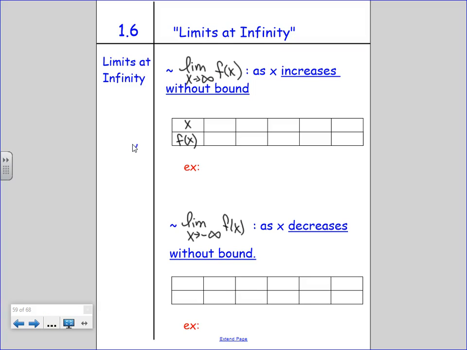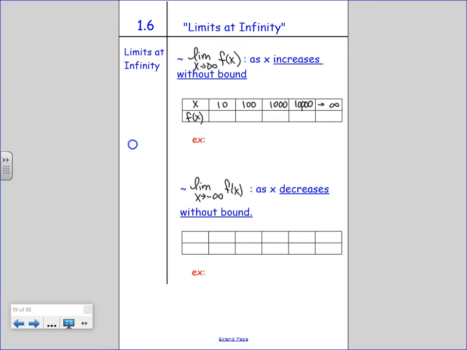How could I approach infinity? Limits at infinity.